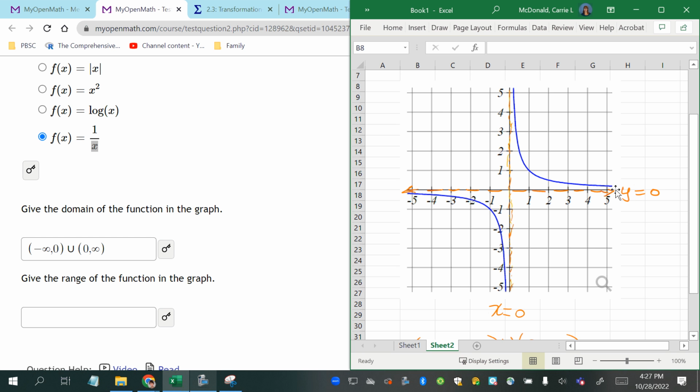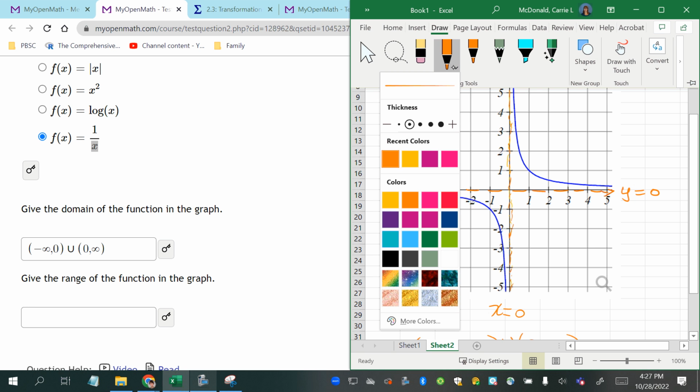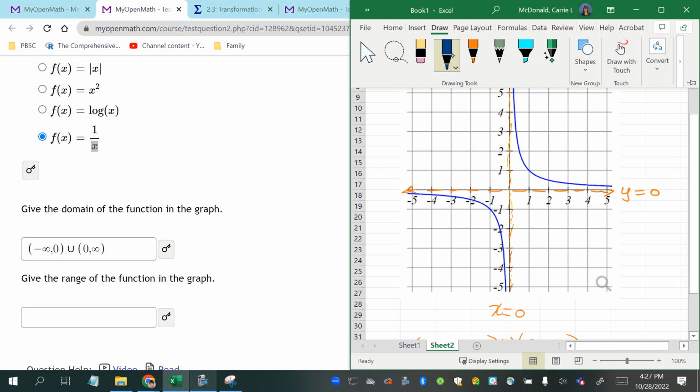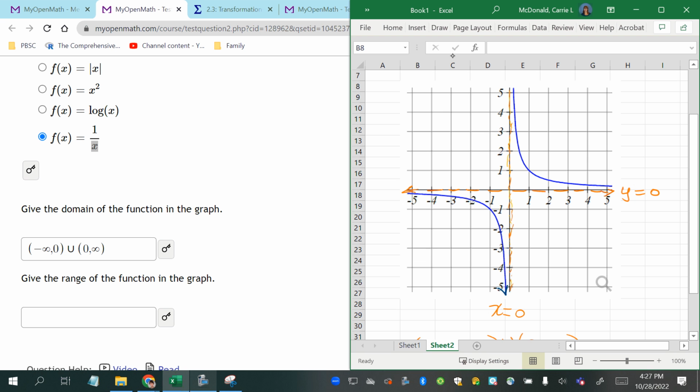But that will help us in defining our range, because as we can see, the function goes very high for y values here, and then it goes very low into the negative for y values and continues on in that direction. And just in case you're not sure, even though it doesn't show it, you really should see arrows on the ends of our function to indicate that the function is continuing in that direction.